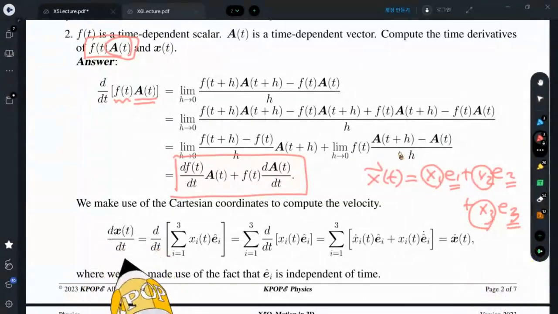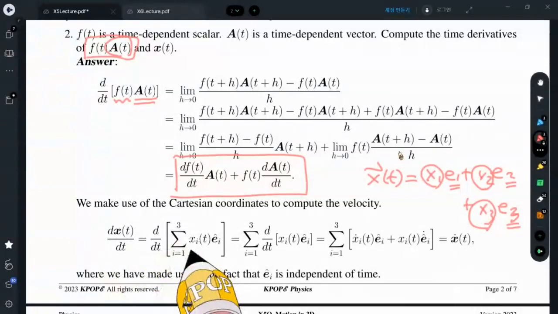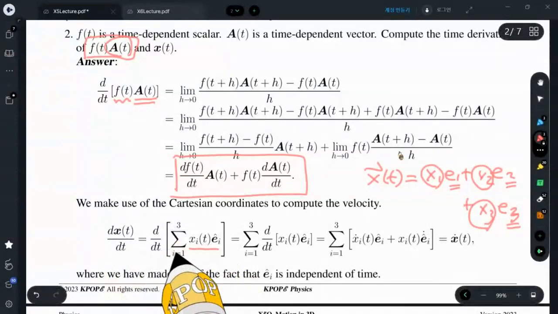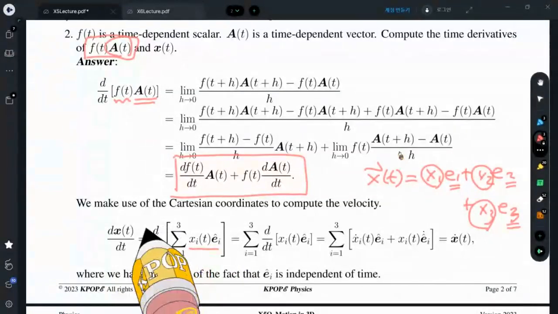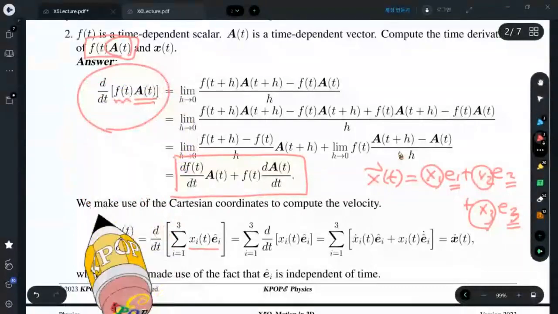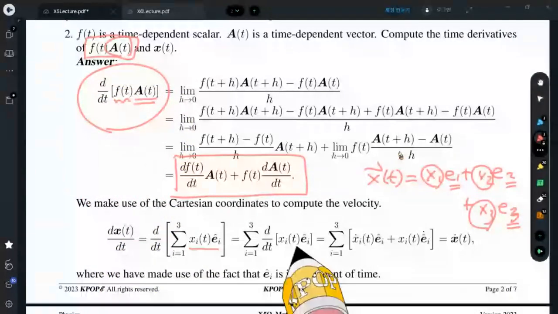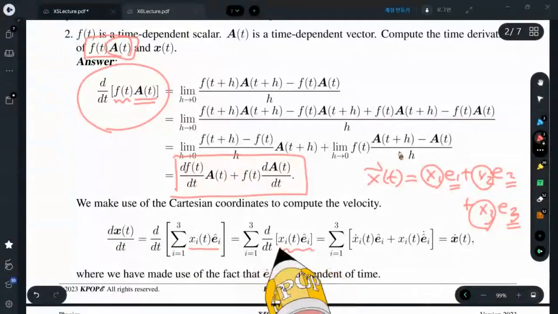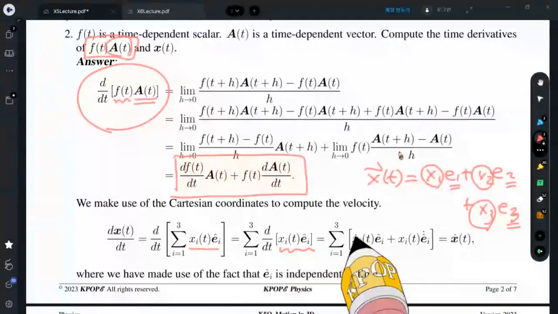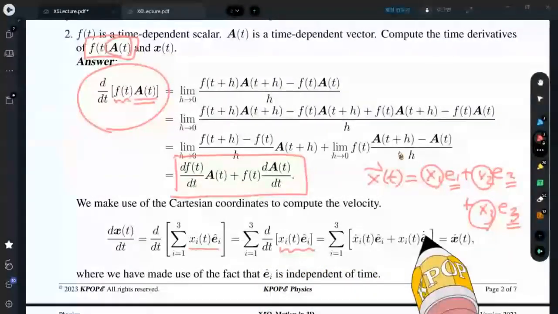If I take the derivative, it is a sum of three components. And if I take the derivative, use the Leibniz rule, the derivative of the product.